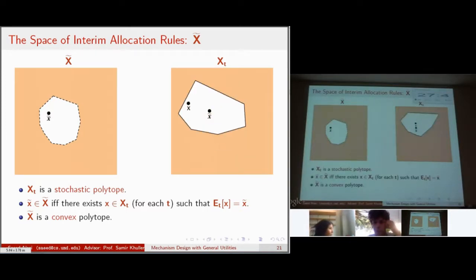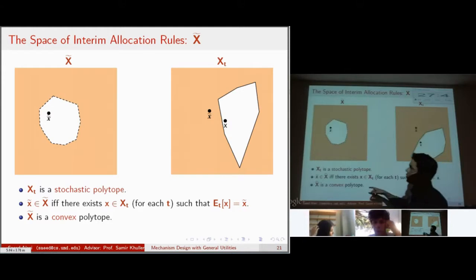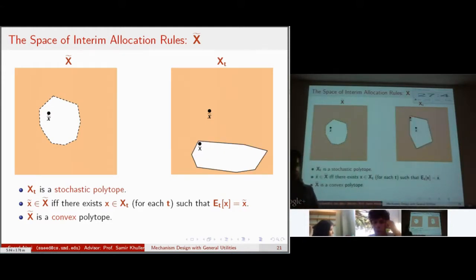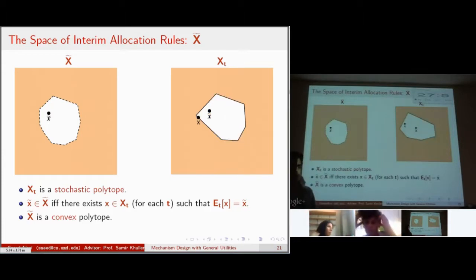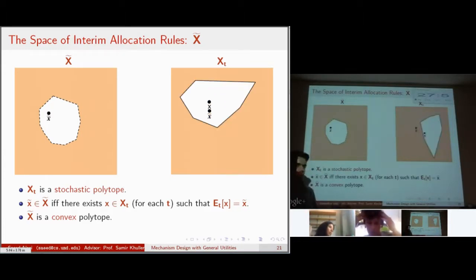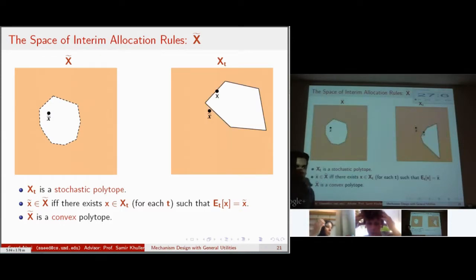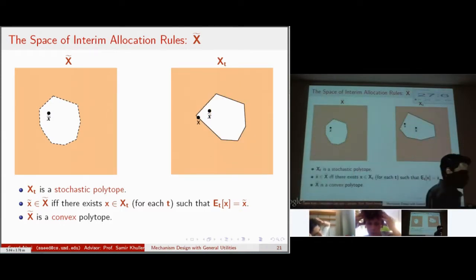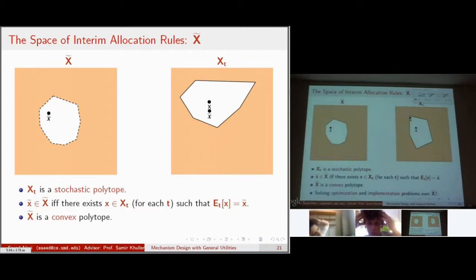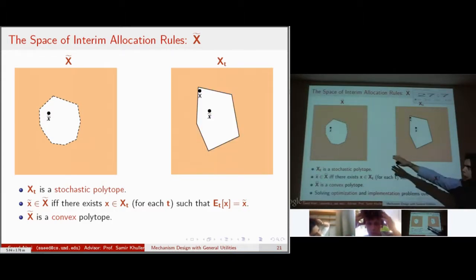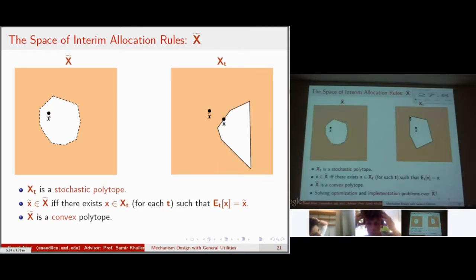Because if you have two interim allocation rules, any convex combination of them is an interim allocation, because you can implement each one separately and then randomize between the implementations and you get the expectation of that. Okay. So now we want to solve an optimization and implementation problem over that polytope.